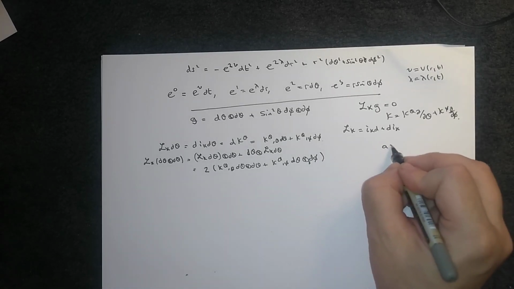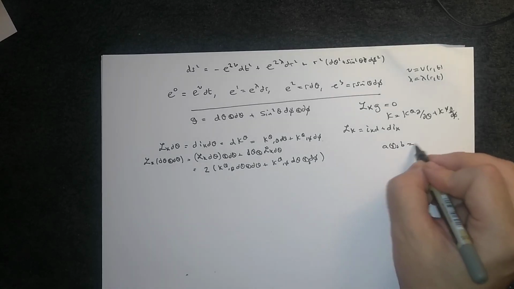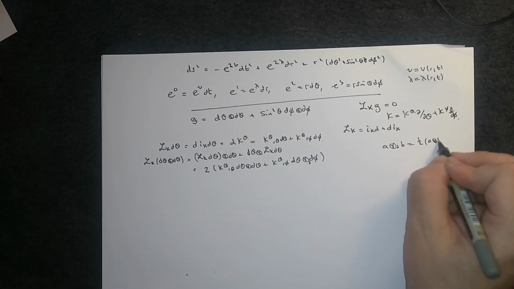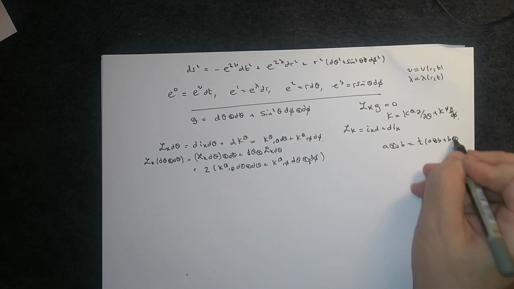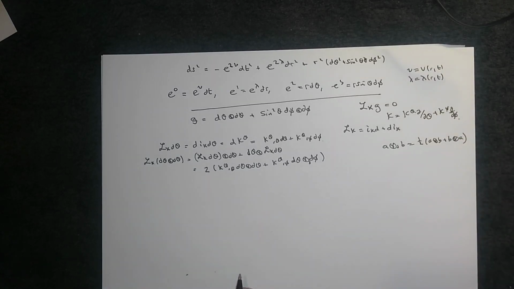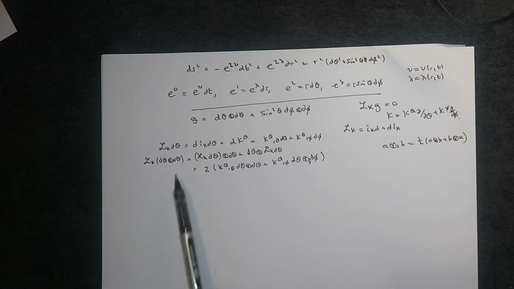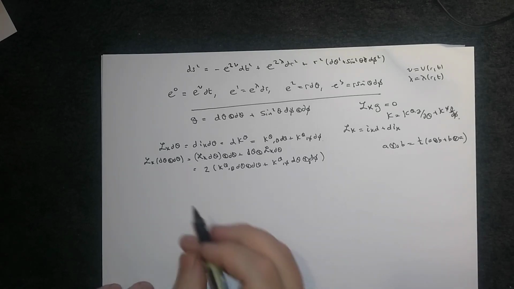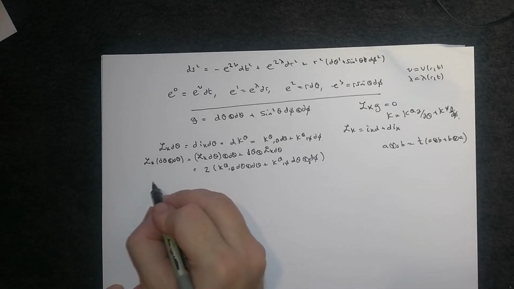A symmetrized tensor product is a half A tensor B plus B tensor A. I would have been using the notation d theta squared and d theta d phi in other contexts, but it's worth writing this out in detail.